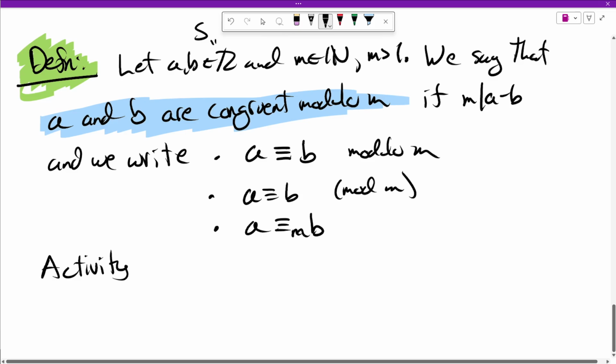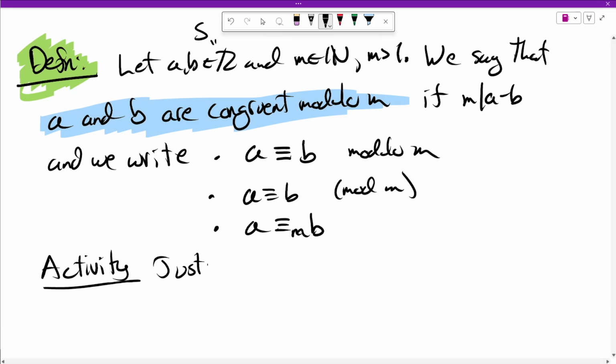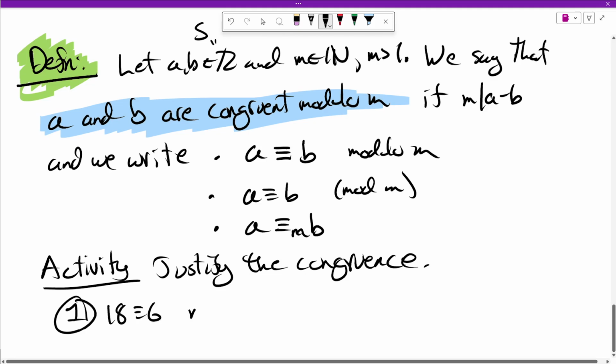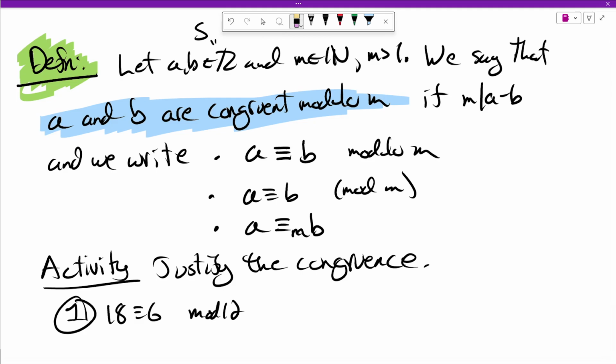So we want to justify the congruences. 1 is going to be 18 is congruent to 6 mod 12. Let's do 1 first in the interest of space because I don't want to scroll off this.